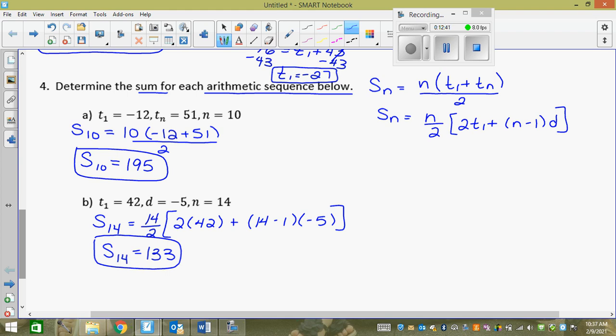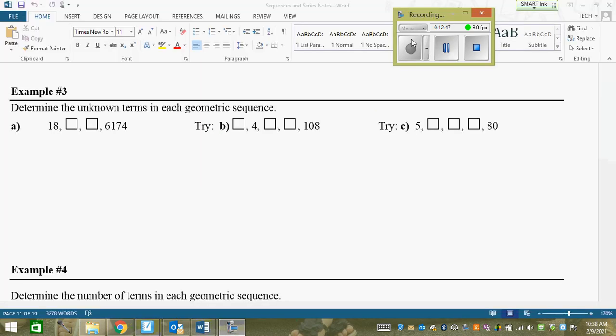So I'm going to get you to open up your geometric sequences notes. Okay, so this one says determine the unknown terms in each geometric sequence, right? So geometric sequence means I have to use, I didn't print it to a smart notebook.